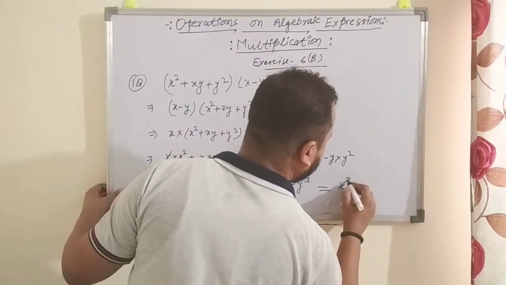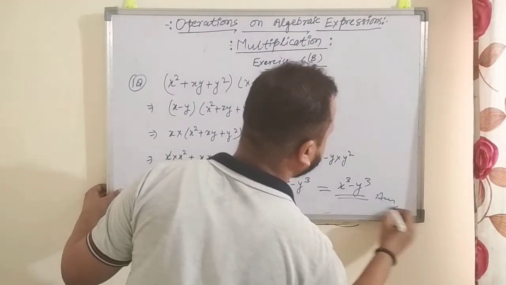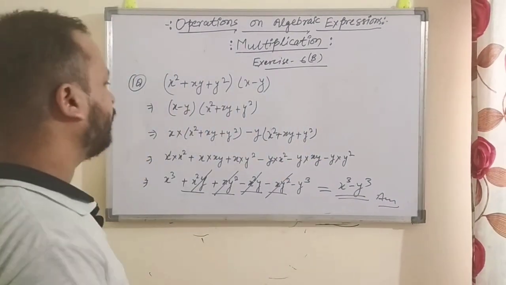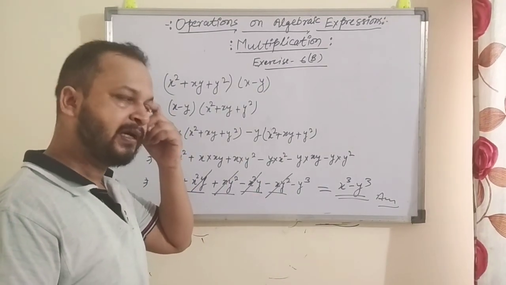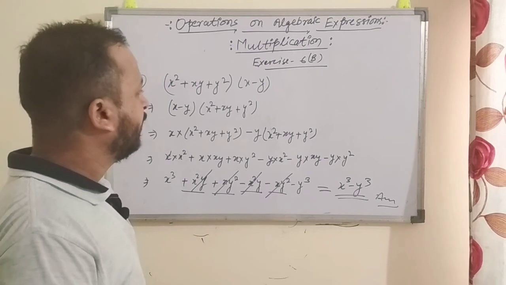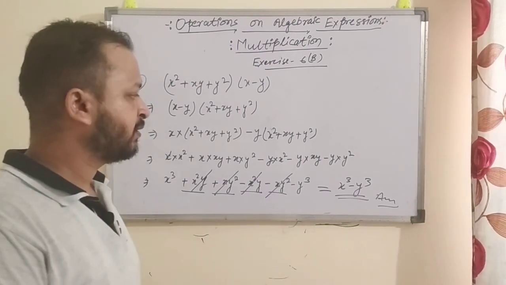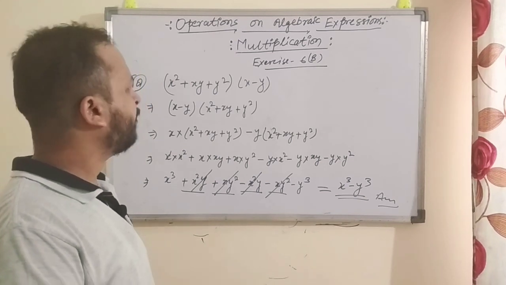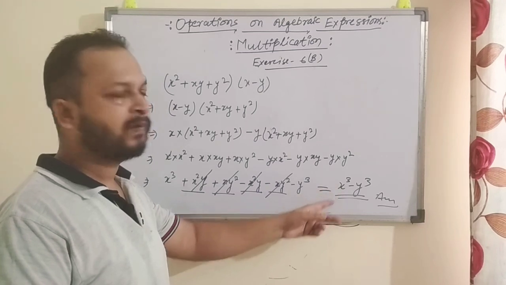And you will be left with x cube minus y cube, right? So this is the formula you are going to study probably in the next class, class 9, right? And you can use this formula in the factorization chapter.